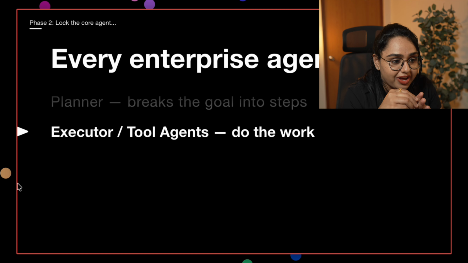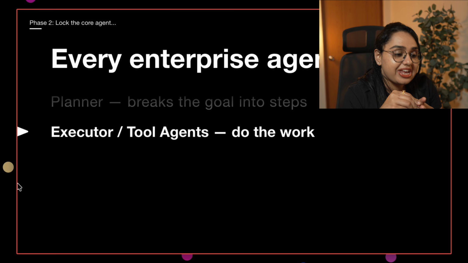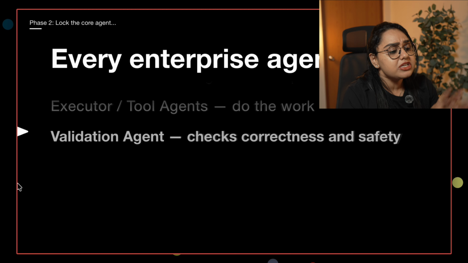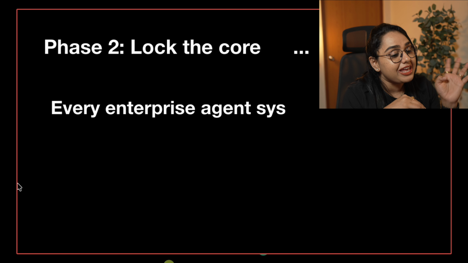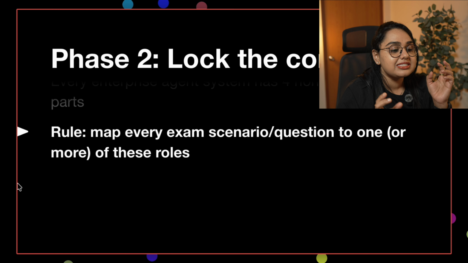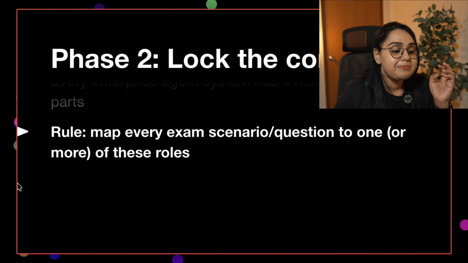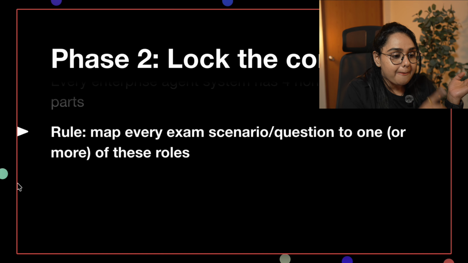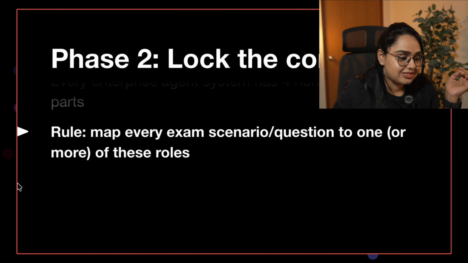Then comes the fourth one, that is the validation agent, which checks the correctness and safety. So, if you can clearly explain these 4 parts, you already understand 60% of what NCP-AAI tests. So, whenever you see a question, map it into one of these roles.